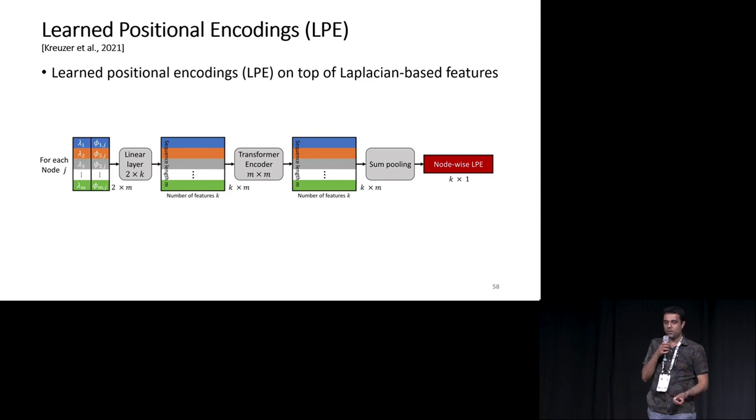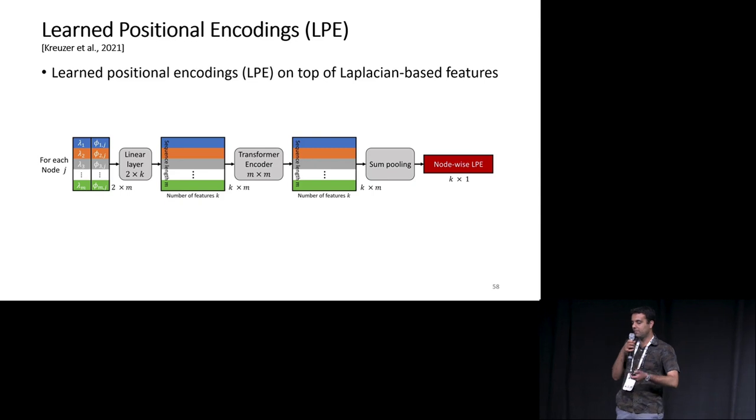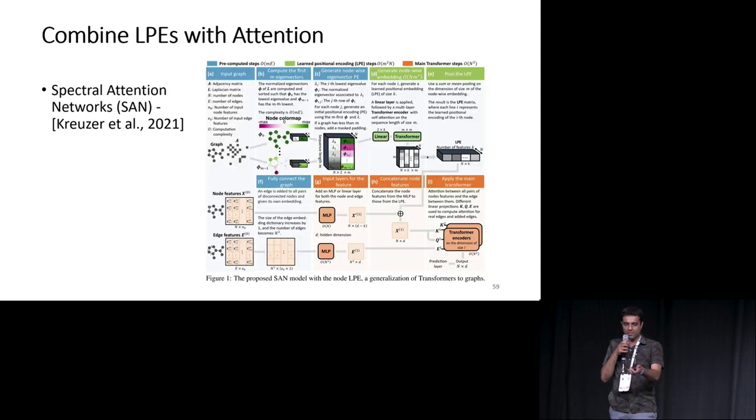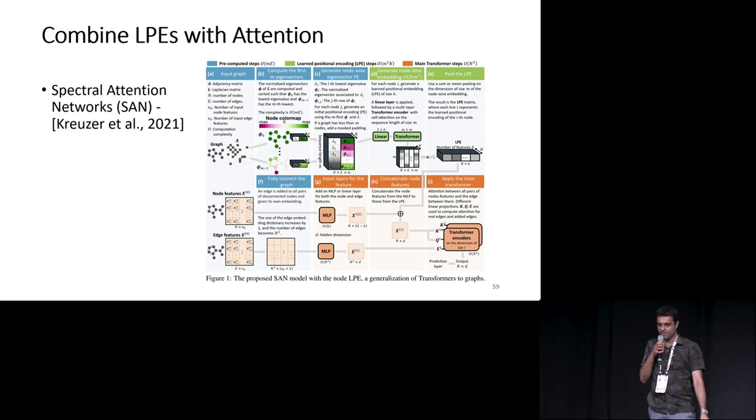One can also use learned positional encodings, which operate on top of these Laplacian-based features, right? So you have some trainable weights. And this is essentially the idea that was used in this work SAN, or spectral attention networks, from a few years ago.